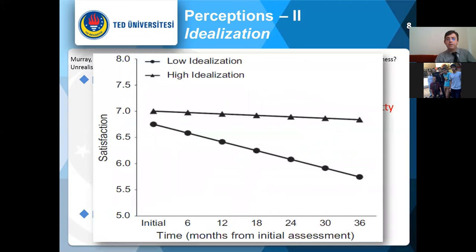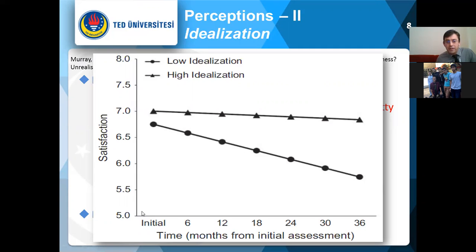As you observe in this graph, the satisfaction with the relationship is always high, and it does not change in time if the partner is highly idealizing the other person in the relationship. So look at this upper line.